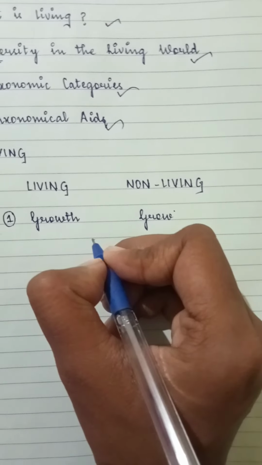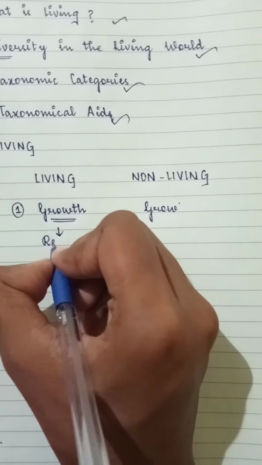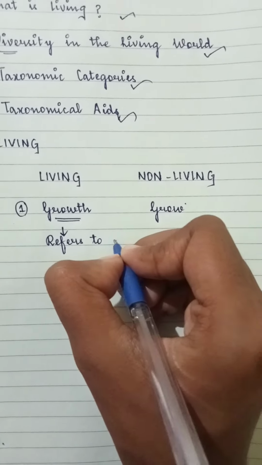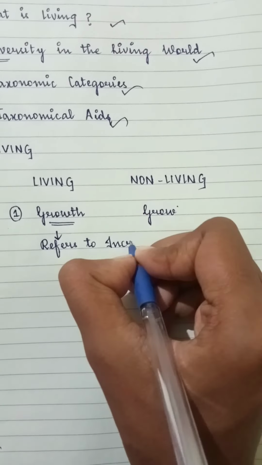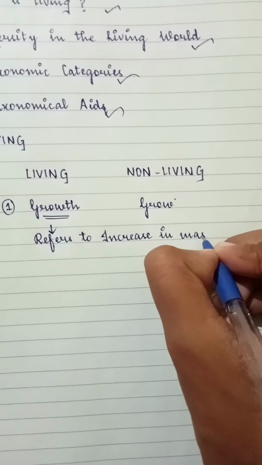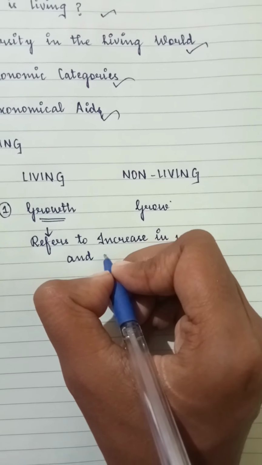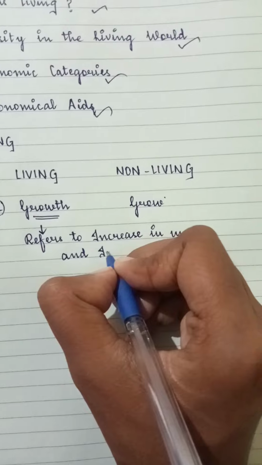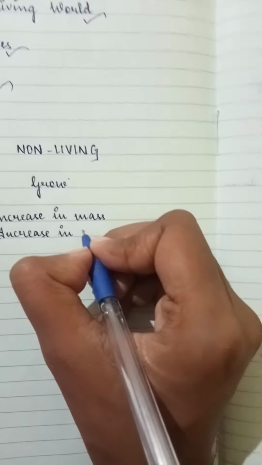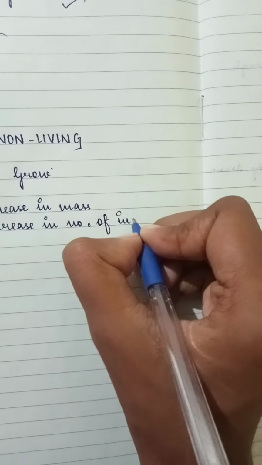but when living things grow, it refers to increase in mass and increase in number of individuals.